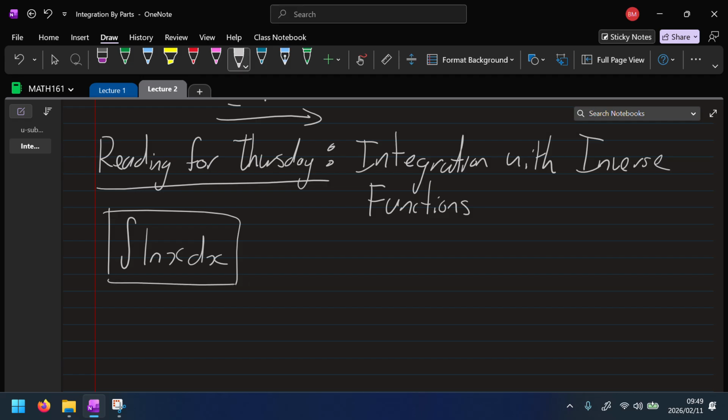You'll see this as one of the examples in the textbook. Just read up to this first example, and see how to do that. Then on Thursday, we'll finish off with that chapter. Any questions?